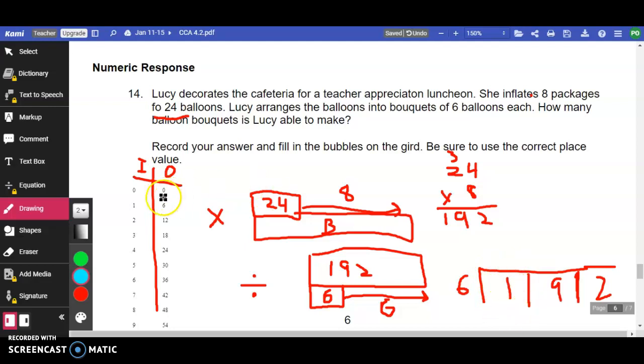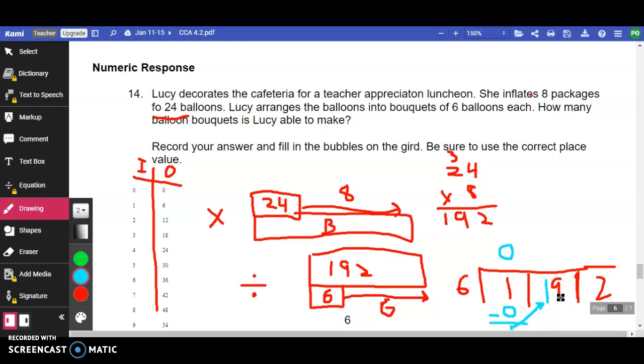Well, 1 is in between 0 and 6. So I don't have enough to make 1 group of 6. So I can make 0 groups of 6, which will use up 0 things, right? 0 times 6 is 0. So I'll have 1 left over. I'll regroup.